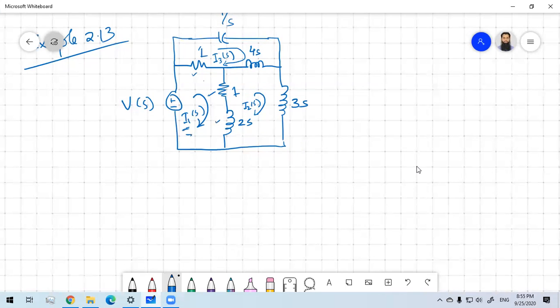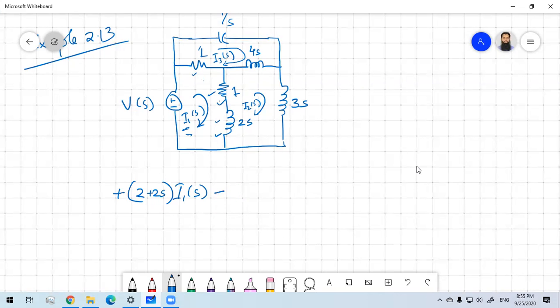We have two resistors, so the summation of those two is 2, 1 plus 1. Then you have 2s. All these interact with current I1, and it has to be positive because we are considering loop 1. These two components interact with I2, and it has to be negative, so negative I2.